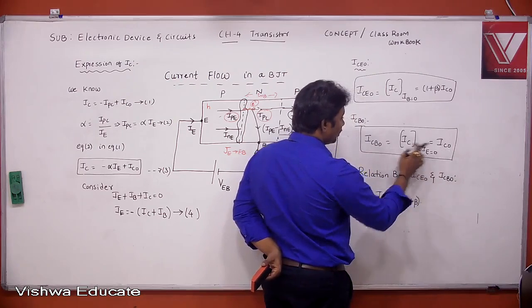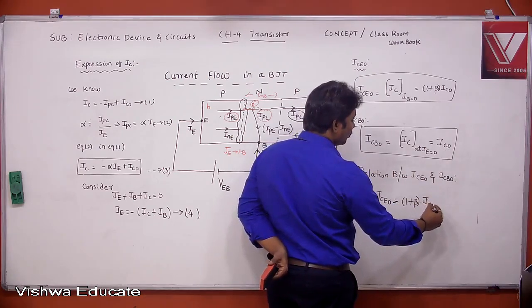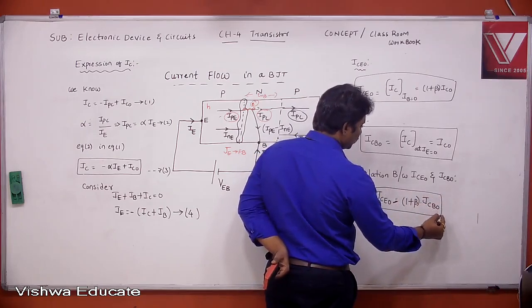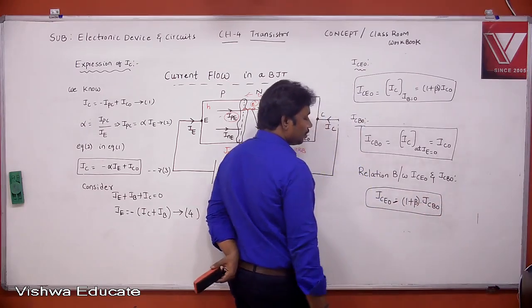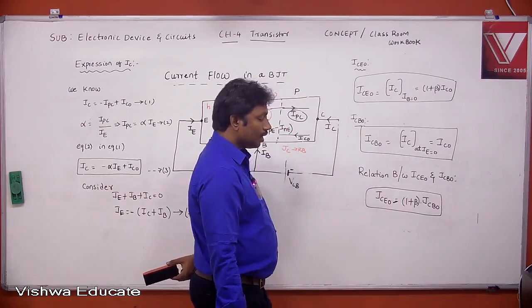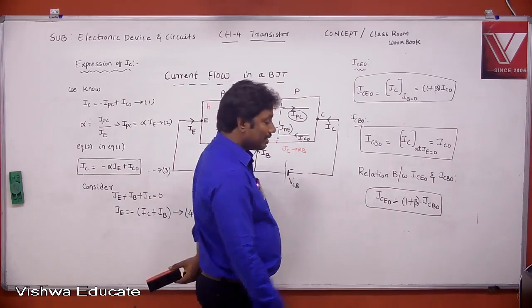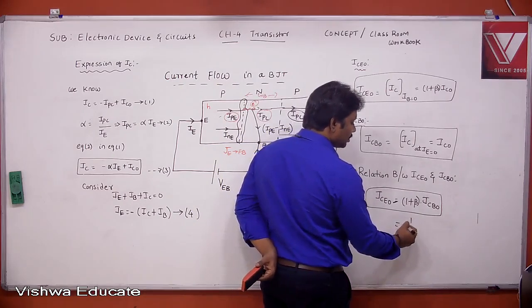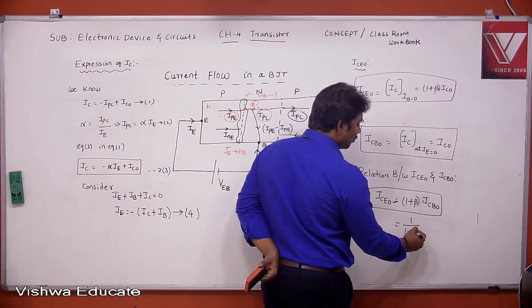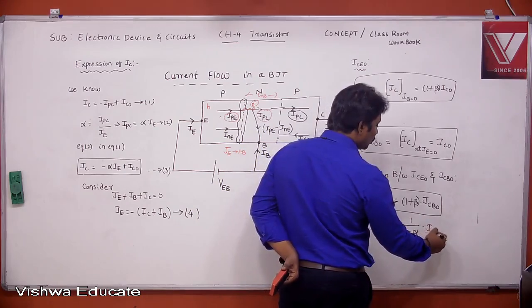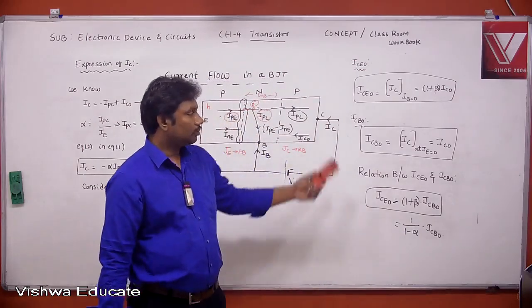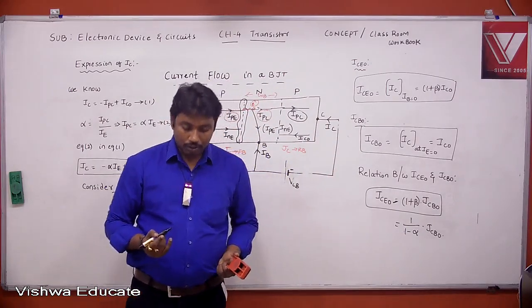IC naught is nothing but ICBO. Right. This is the relation between ICO and ICBO, in terms of beta. I can also express this equation in terms of alpha, that is 1 by 1 minus alpha into ICBO. Right? Write down the notes.